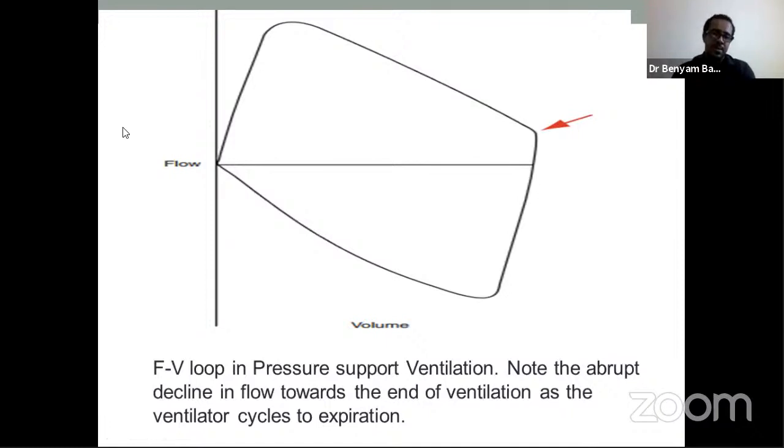So this is the peak expiratory flow. After the flow decays to 25% of the peak, the machine will cycle to expiration. So this will tell us what the ventilator cycle is, or the cycling is. What we said, the cycling will be seen on the graph also.